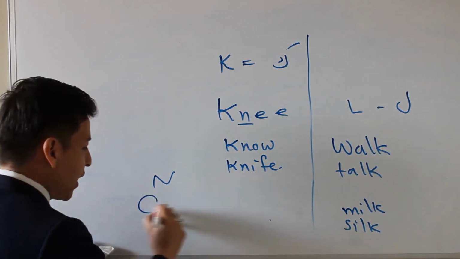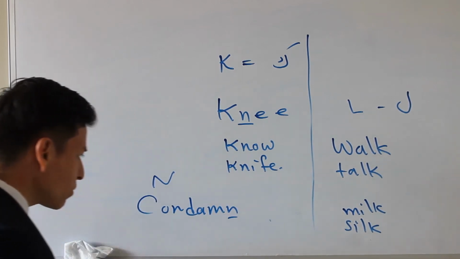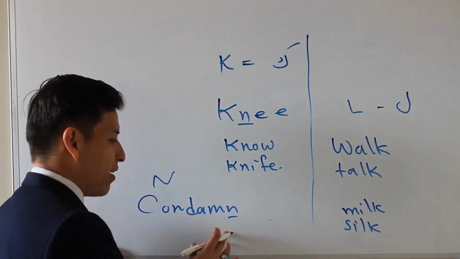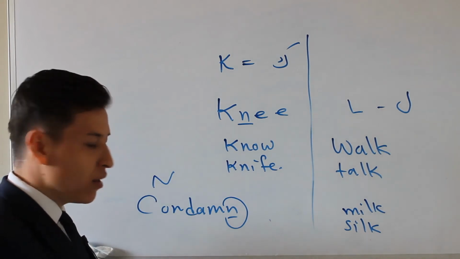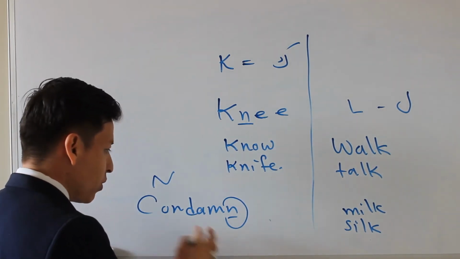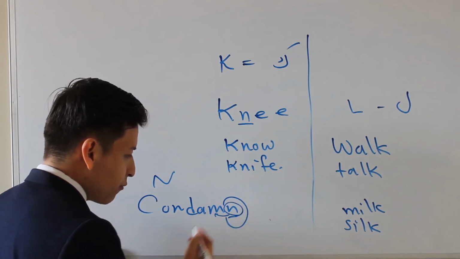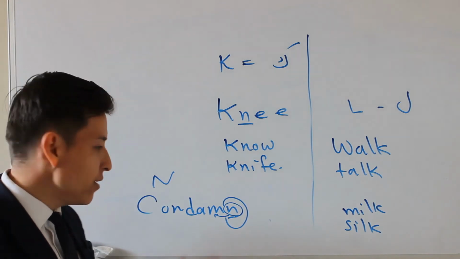Like the word condom. In here we do not say condemn. We do not say what? Condemn. We say condom. So in here you see that N is used after M. If we use N after M at that time it is silent.